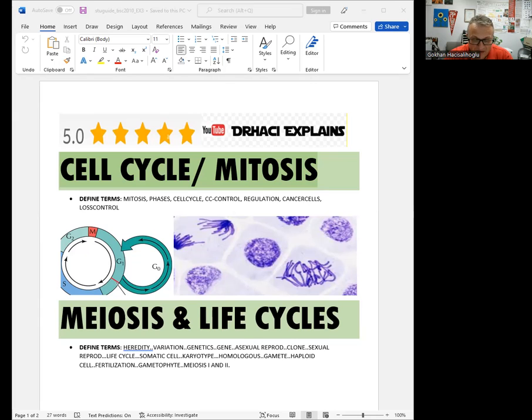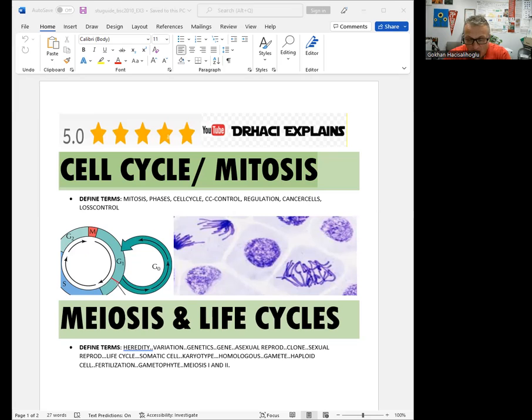Mitosis is part of the cell cycle and includes both the mitotic phase, which is mitosis and cytokinesis, and interphase. We'll also look at regulation of this using signaling molecules like kinases, like CDKs, and cyclins. Interphase has stages G1, S, and G2.